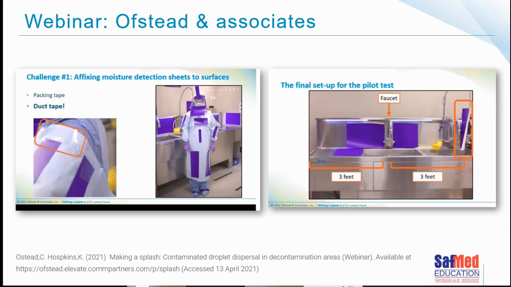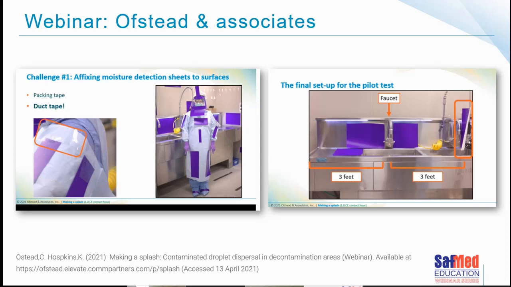This was the setup. They took that chemical indicator paper and put it all over the CSSD environment, behind the sinks, to the sides of the sinks, to the left, to the right, to try and see how far the splashes would generate.